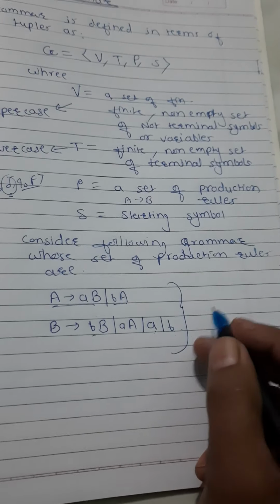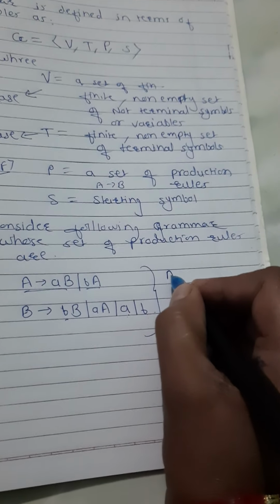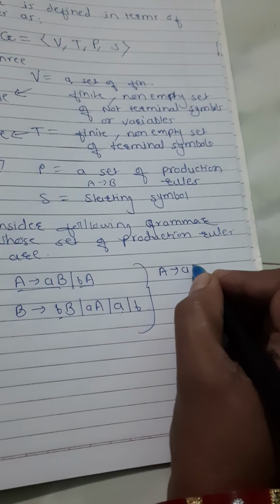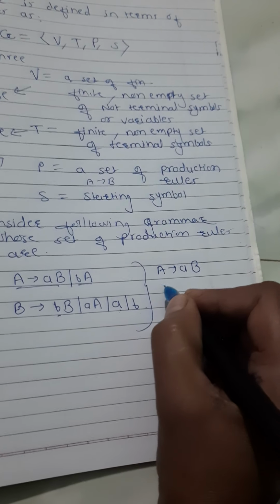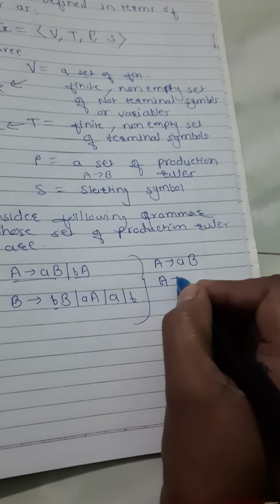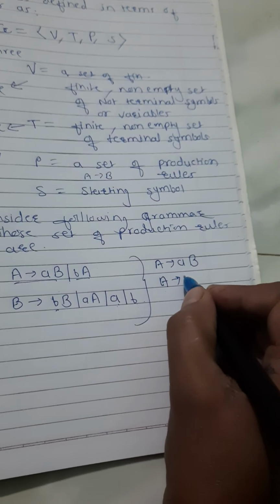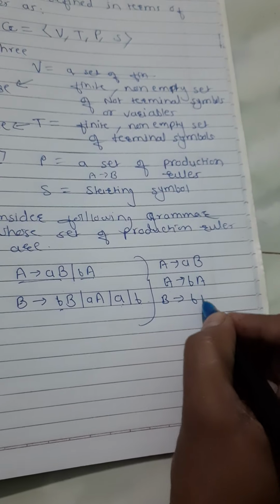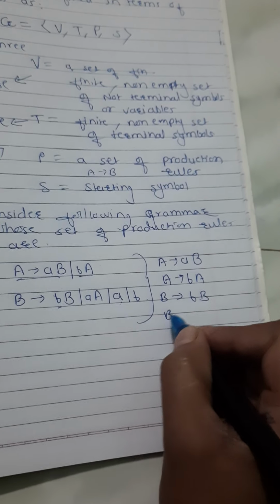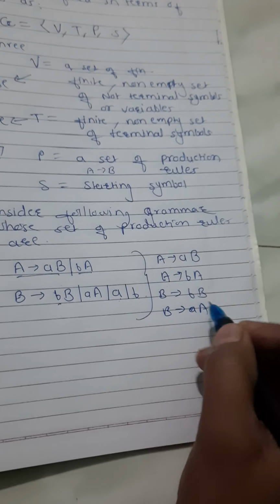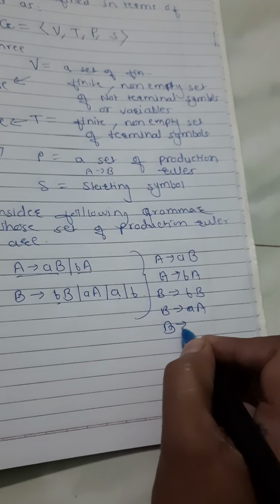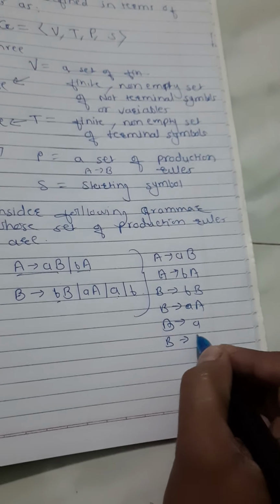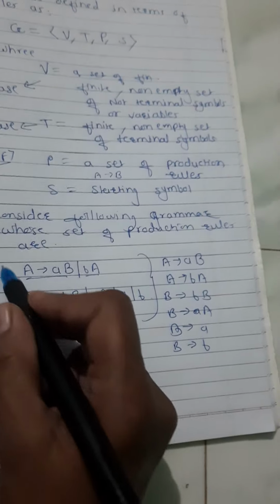These 6 production rules, if we write separately, then we can have A gives AB, A gives BA, B gives BB, B gives A A, then B gives a, B gives b. These both sets are equivalent.